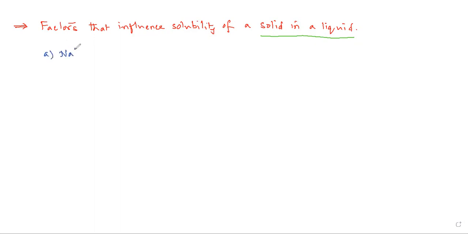The first one is nature of solute, and then the nature of solvent. Of course, we have temperature and then pressure.